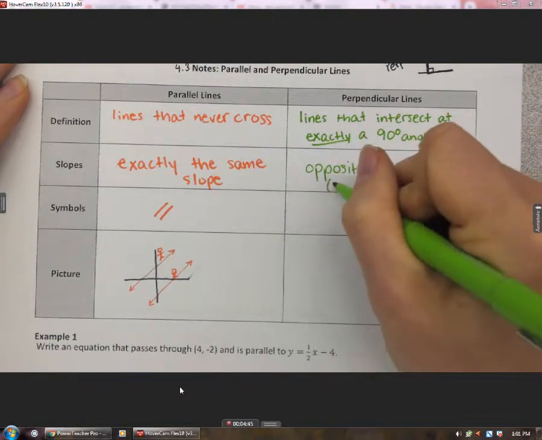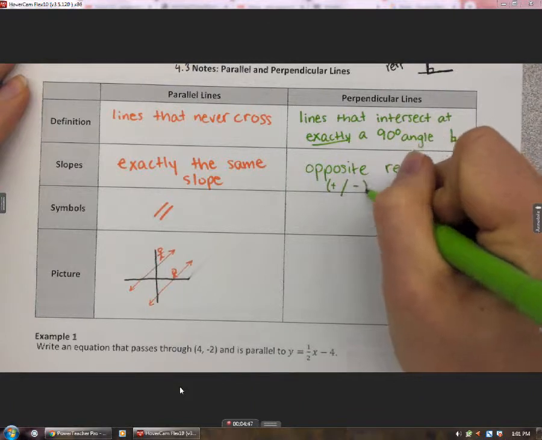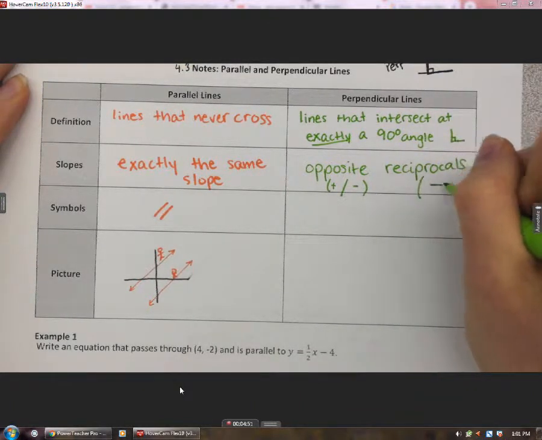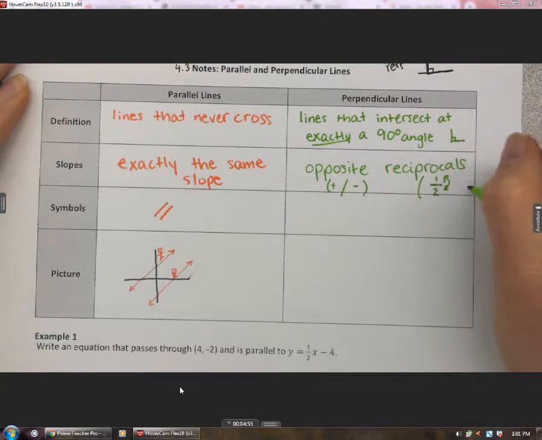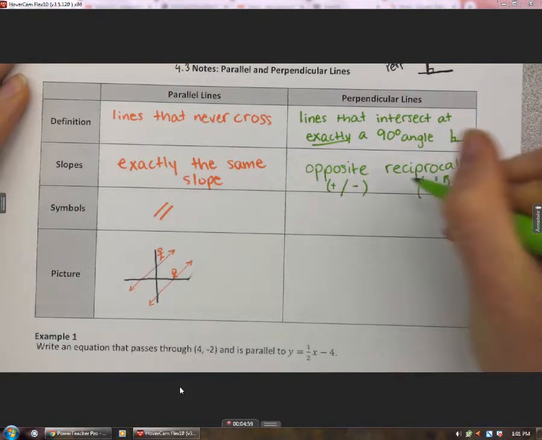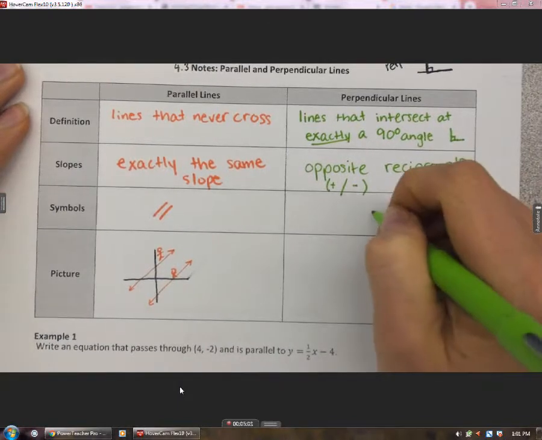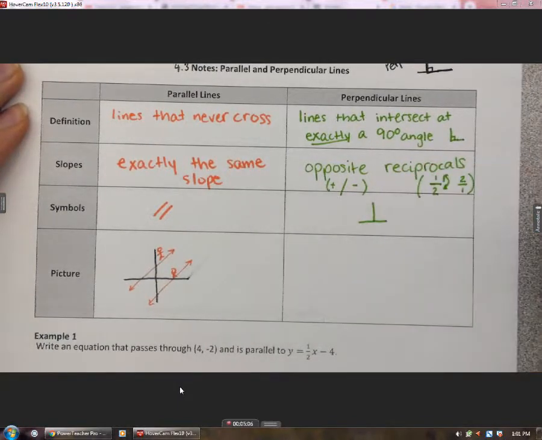Opposite is referring to positive versus negative. Reciprocal is referring to switching a fraction. So if you had like 1/2, you would switch it and it would turn into 2/1. So reciprocal, but we want the opposite reciprocal. So we'll practice this. The symbol for perpendicular is an upside down T.